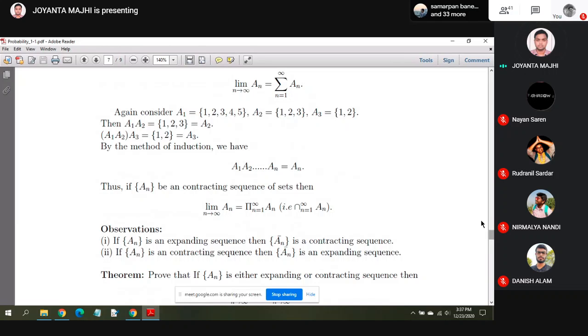Observation: if An is an expanding sequence, then its complement is a contracting sequence, and if An is a contracting sequence, then its complement sequence, that is An bar, is an expanding sequence.